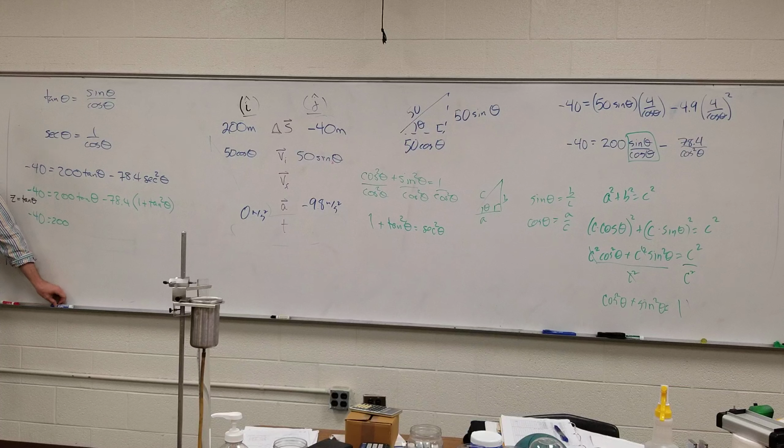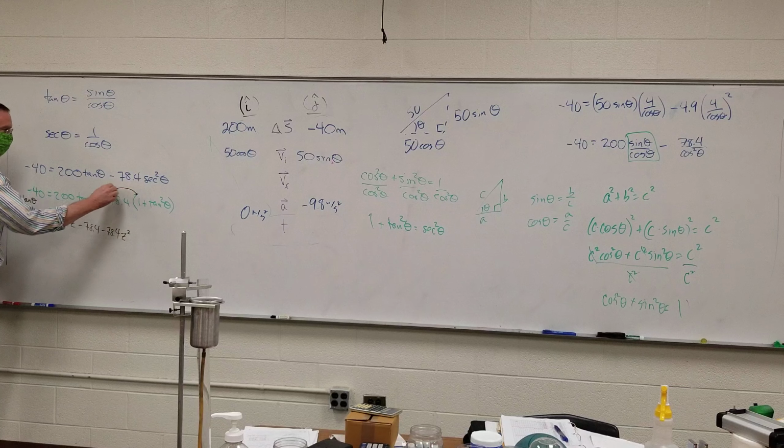If you want to write out tangent of theta again and again, go for it. So 200 Z minus 78.4 minus 78.4 Z squared. So distributed. Question: is there a theta still? No, Z is tangent of theta. Okay, sorry.